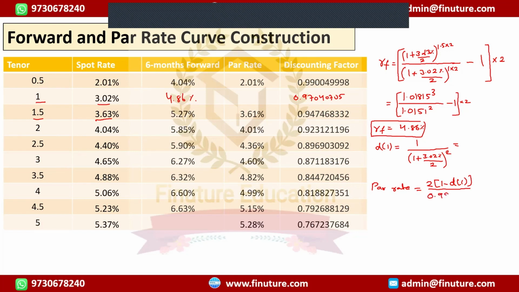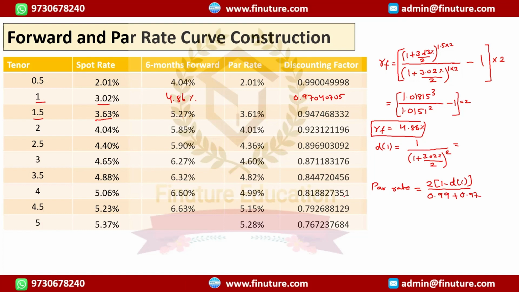In Excel, I have derived this very easily. But over here, it's just one discounting factor before 1 year maturity. So 0.99 plus 0.97. We'll calculate this and see what we get. Reciprocal of this, I'll store this in 1.